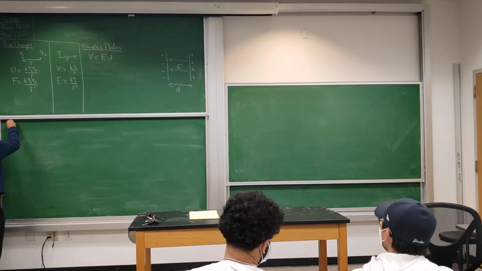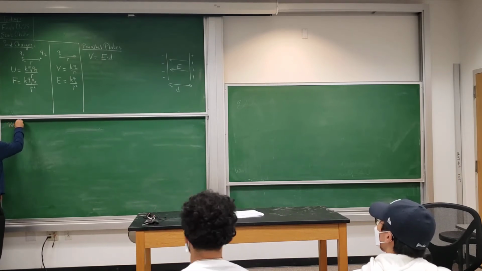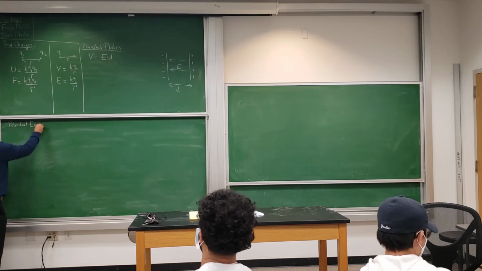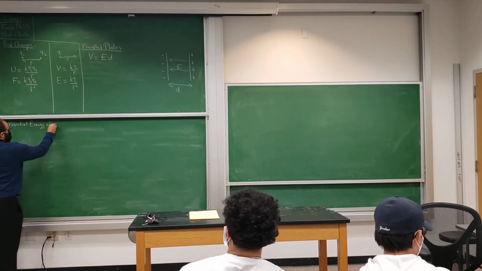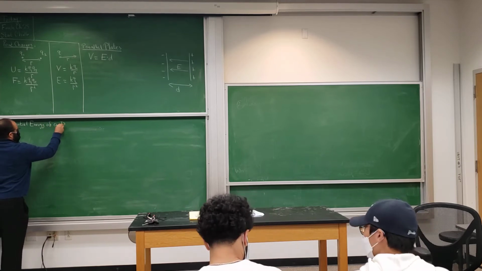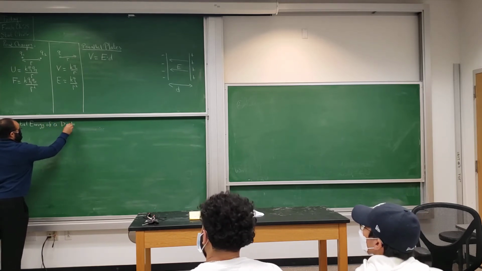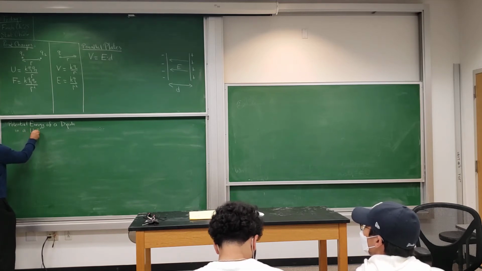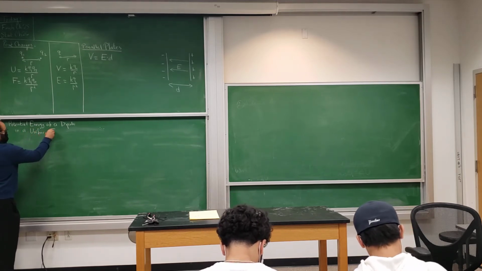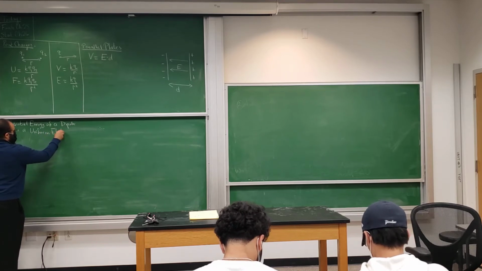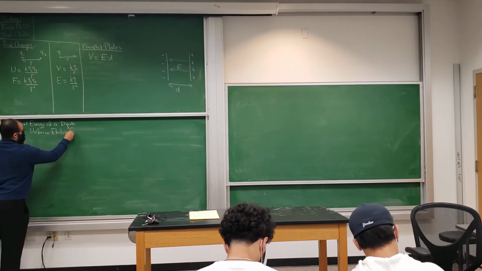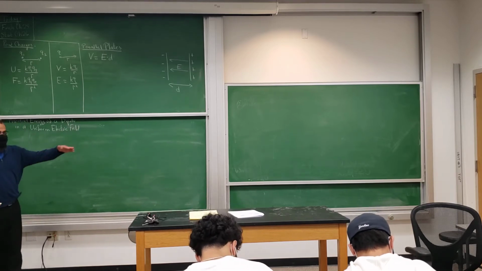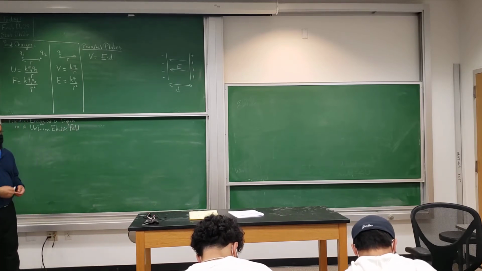So the potential energy of a dipole in a uniform electric field. Uniform means it's a constant value and it points in the same direction. All right?